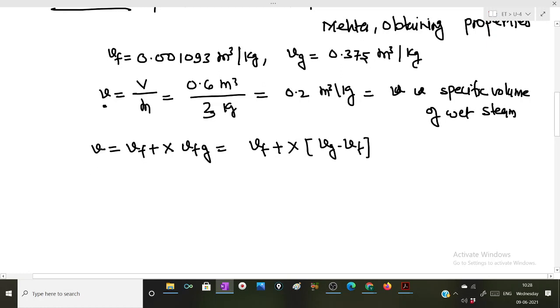Here V is the specific volume of wet steam present in the vessel, and this is 0.2. Vf, we have just found from the steam table, and this value is 0.001093 meter cube per kg. We don't know the value of the dryness fraction.